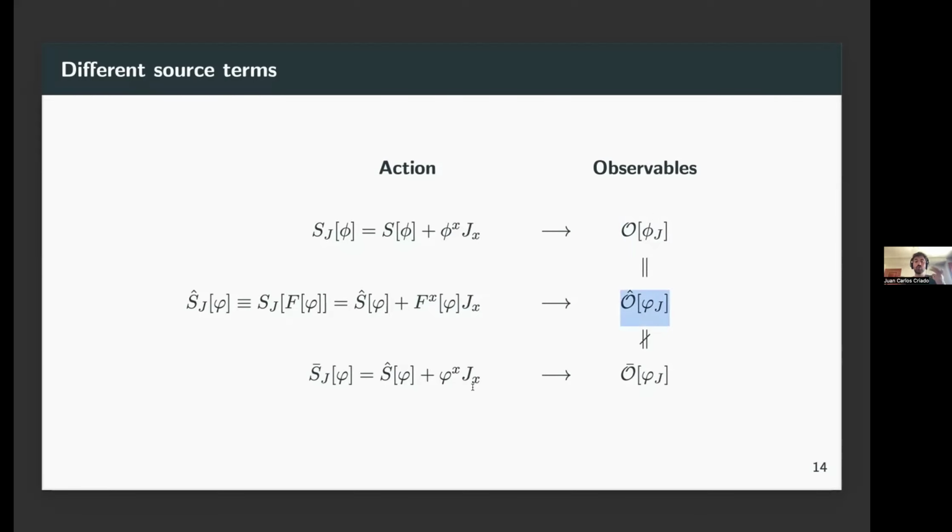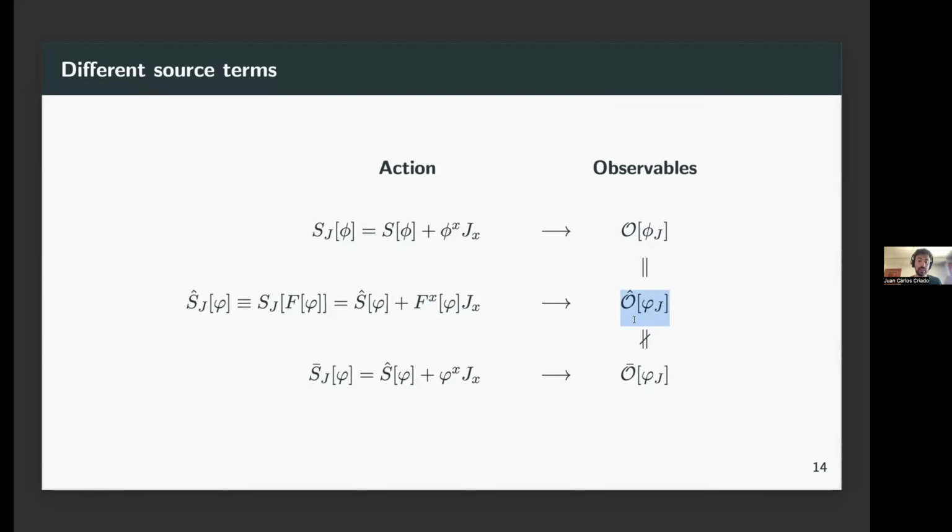But I now want to compare this to a theory in which I have the redefined action, but the source terms, for them, I just do the naive thing. So I just couple the source to the new field and not to f of phi. And then, as I've said, the observables are different.